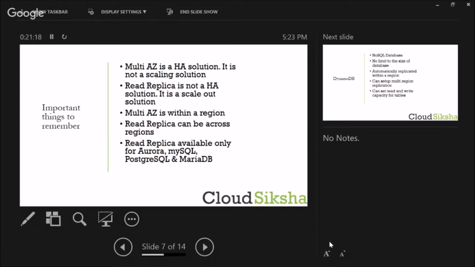So that was about RDS. Some of the important parts of RDS. Of course, you will need to look at the storage in RDS.